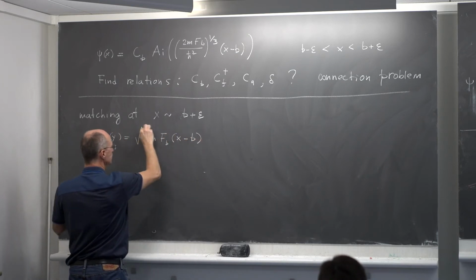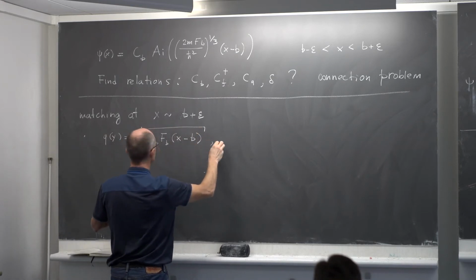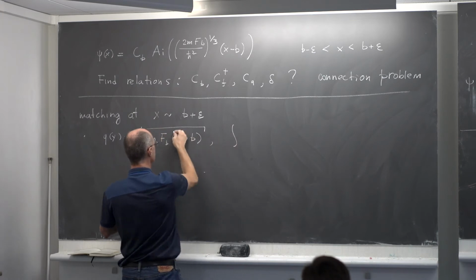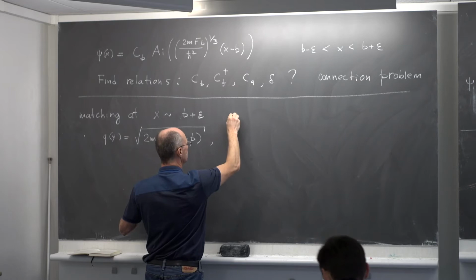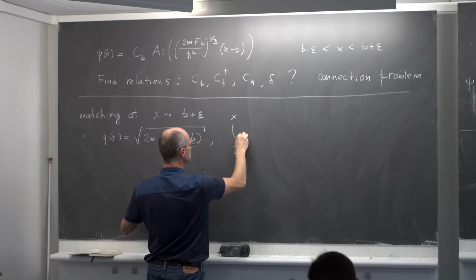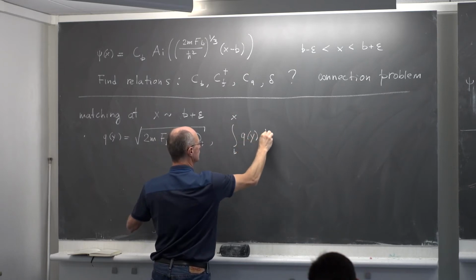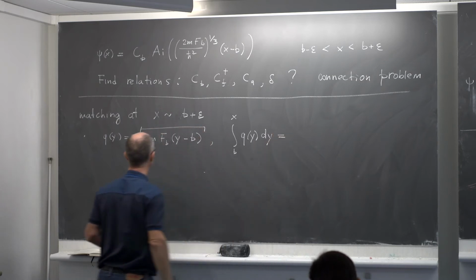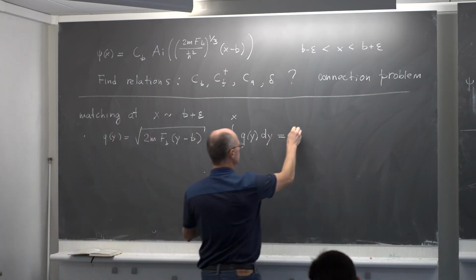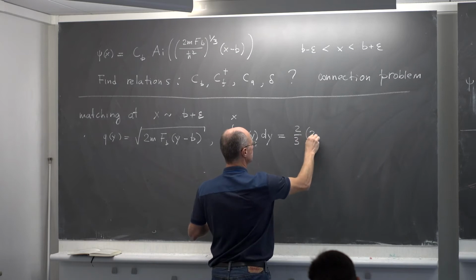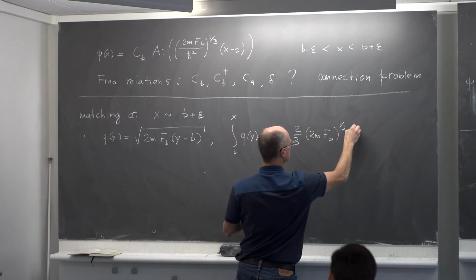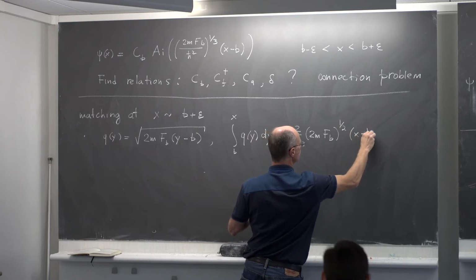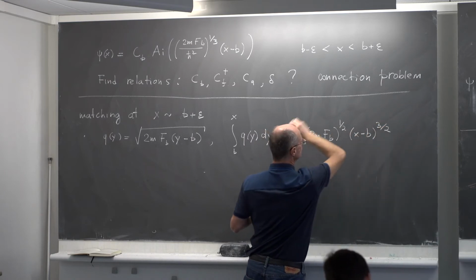So this integral of q of y dy will be 2/3 times (2m f_b) to the 1/2 times (x minus b) to the power 3/2.